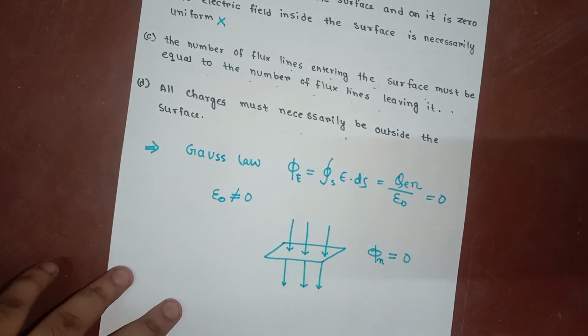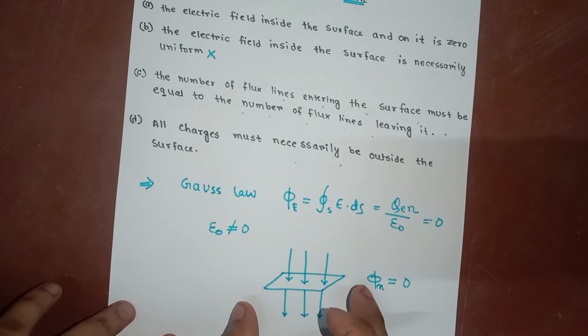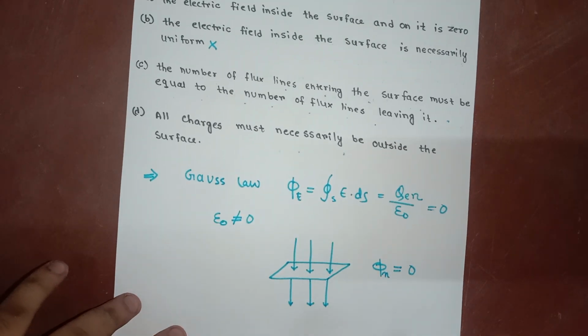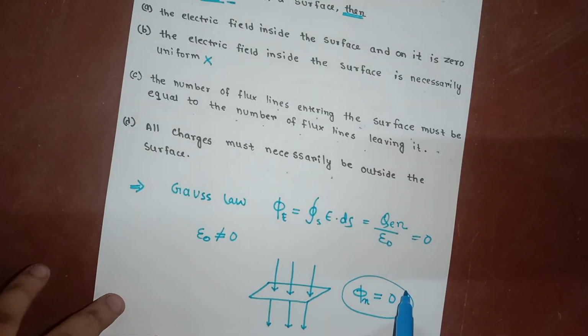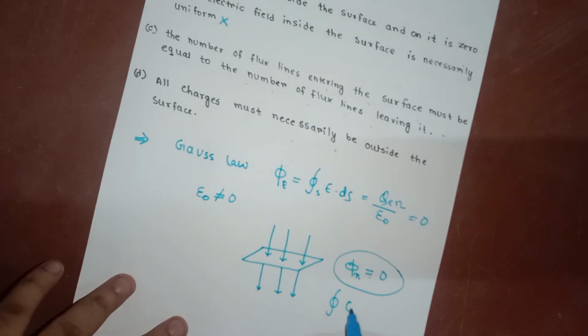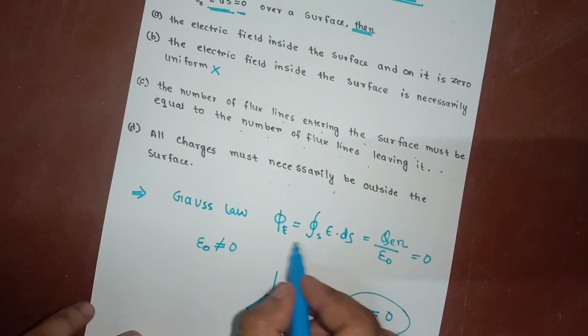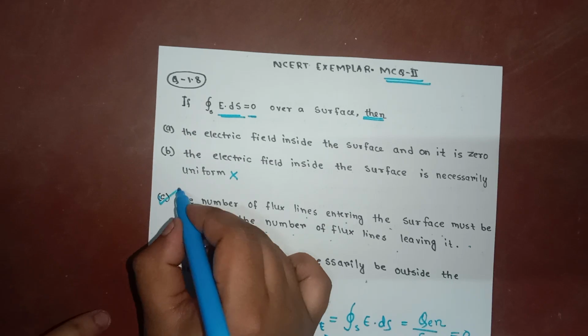It would be 0. Whatever flux lines are entering, that amount of flux lines are leaving, so flux should be 0. If flux is 0, the integration of E dot ds is also going to be 0. So this could be one answer.